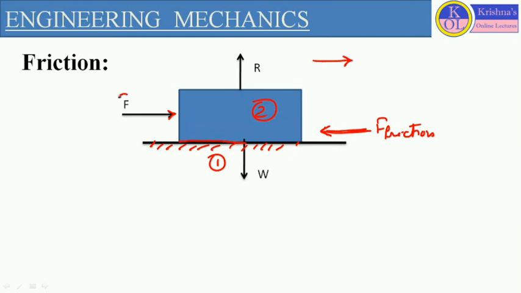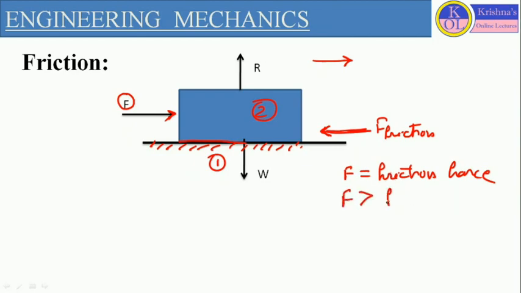For example, if we have magnitude F, and if F is equal to the friction force, in that case, whatever force we are applying, an equal magnitude force is applied by the stationary body on this body too. So both forces will nullify the motion of the body, and this body will be in stationary condition. So for motion, the friction force should be less than the applied force.